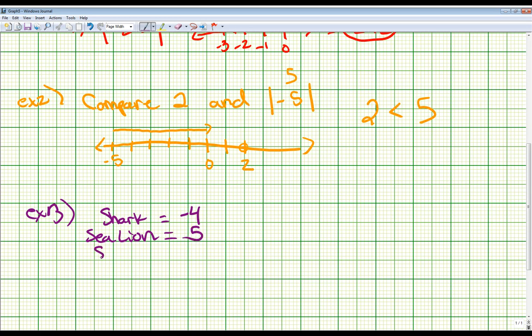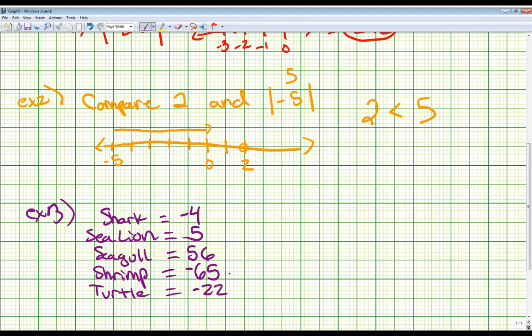The seagull lives at 56 feet above sea level. The shrimp is going to live at -65 feet below sea level. And the turtle is going to live at -22 feet below sea level.